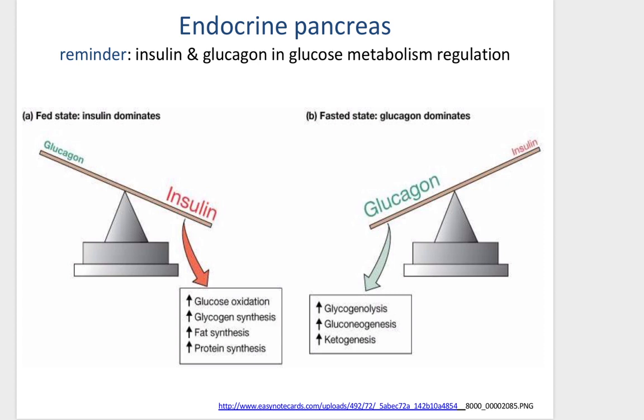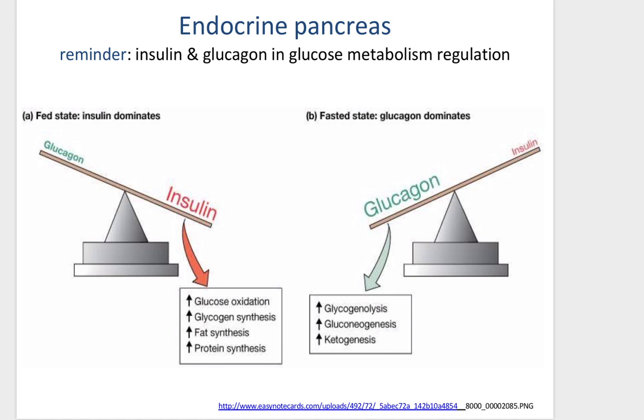Here you see the scheme that shows us that insulin and glucagon are the two main hormones of the endocrine pancreas. They keep the balance of glucose metabolism in our body. Insulin has effects with glucose oxidation, glycogen synthesis, fat synthesis, and protein synthesis.